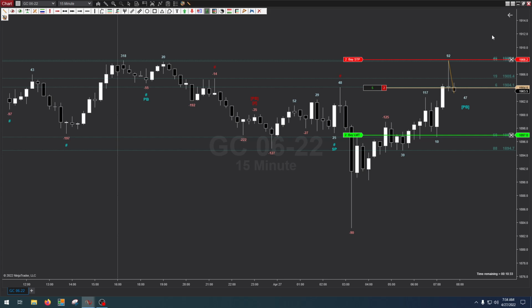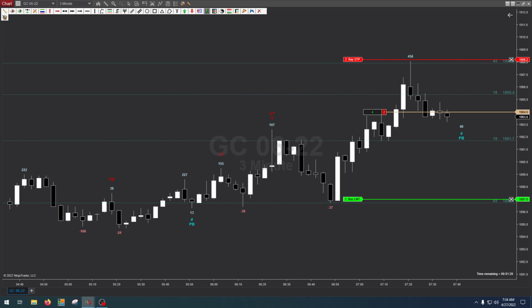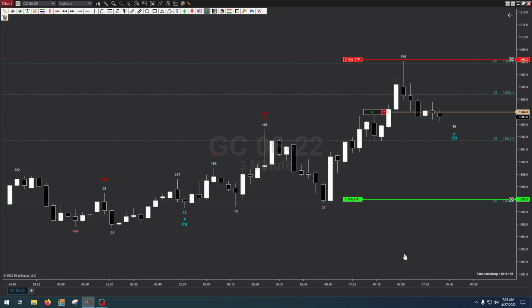So only 2 time frames I'm looking at. I didn't even have this one open when I jumped in. Still have a triple algo here to go long, so we have to be aware of that. And we may take some heat here while this one here tries to confirm a swing long.